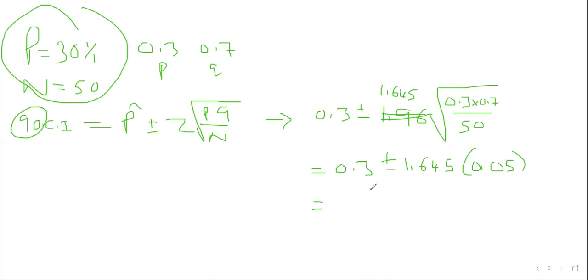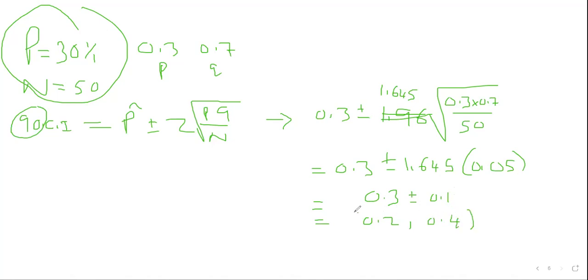Okay, so when you compute it, what are we getting? Let me use arbitrary figures here. Suppose our answer here was 0.1. So when you subtract, this is 0.2. When we add, this is 0.4.